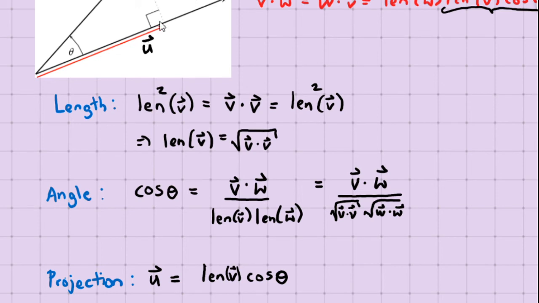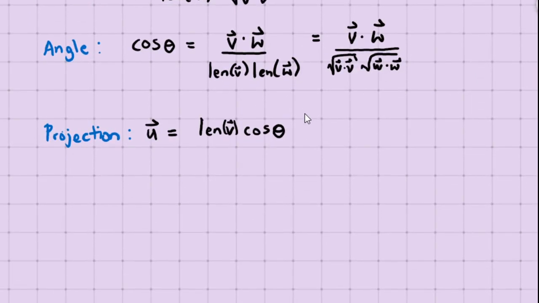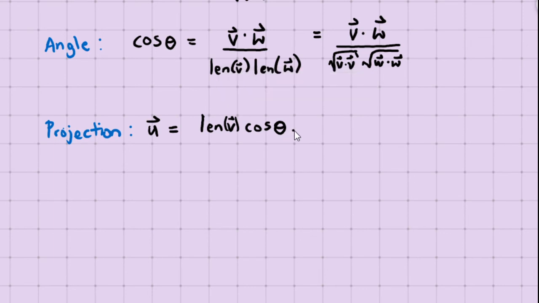But to get the expression for the actual vector u, we have to find a unit vector in the direction of w. And you can find a unit vector in the direction of w by multiplying this by w divided by the length of w. That will give you a unit vector in the direction of w. So that is our projection u.